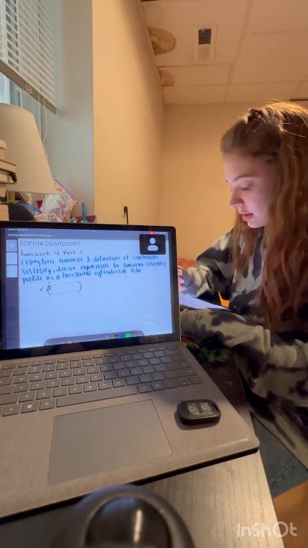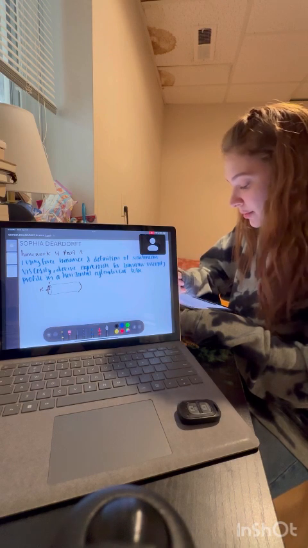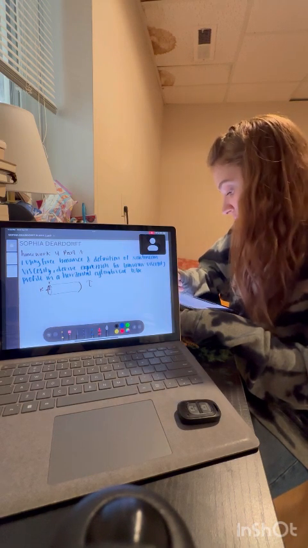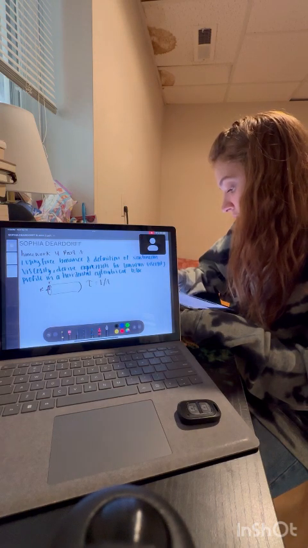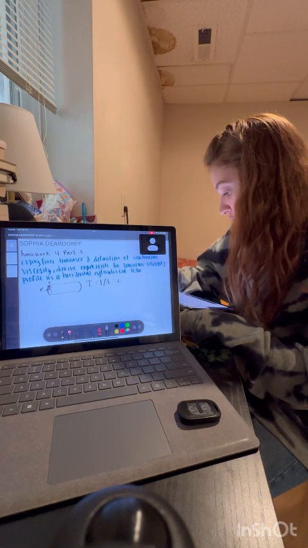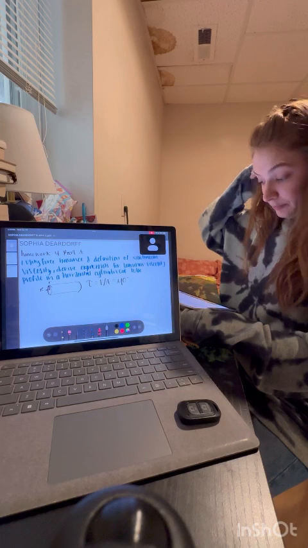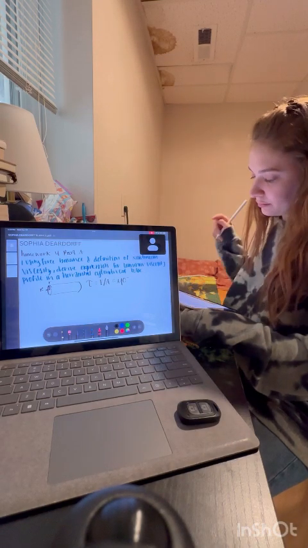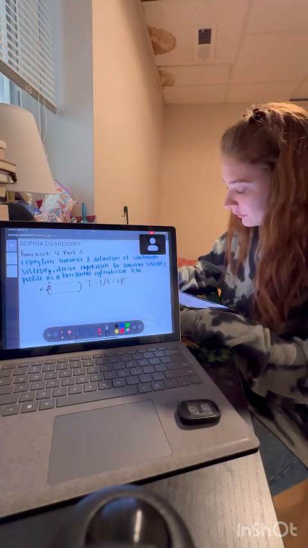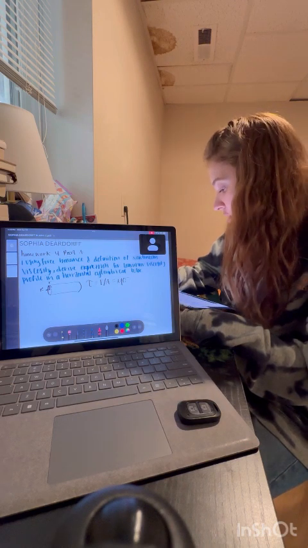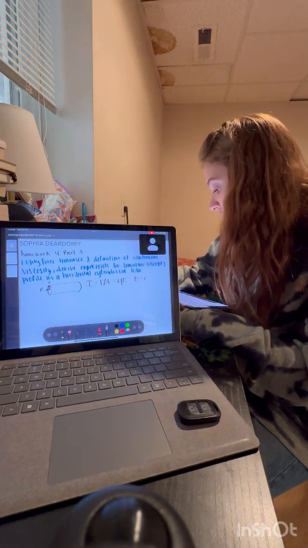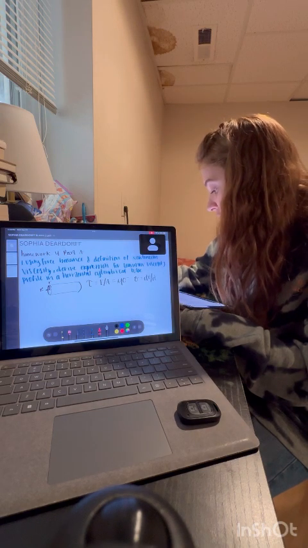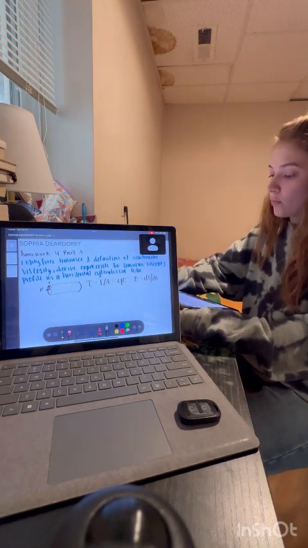So for this, it's going to be similar to our last problem, where we related our stress to force over area, and that is also equal to mu times the velocity gradient.